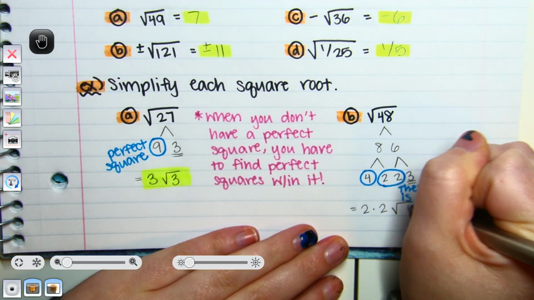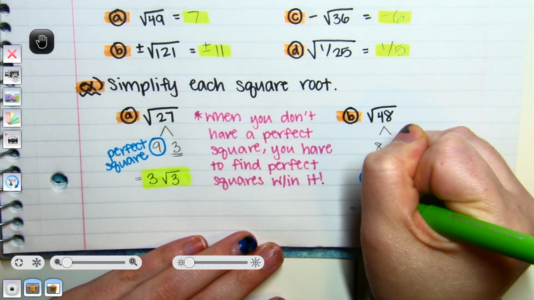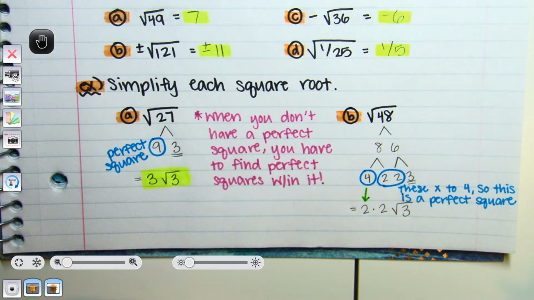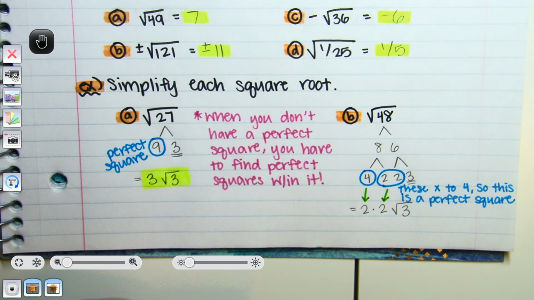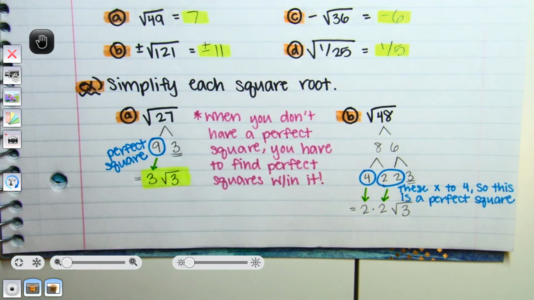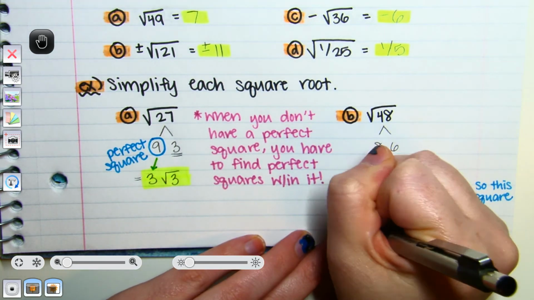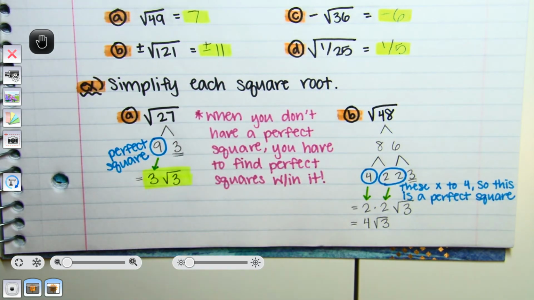So the 3 is the only thing left under the radical. And then I can simplify this, but let me go ahead and draw where these come from. The 4 brings you that 2 that comes outside. Then that 2 times 2 gives us the other 2. Actually, I'll draw that little arrow for the 9 also. So 2 times 2 is 4, and then the square root of 3.